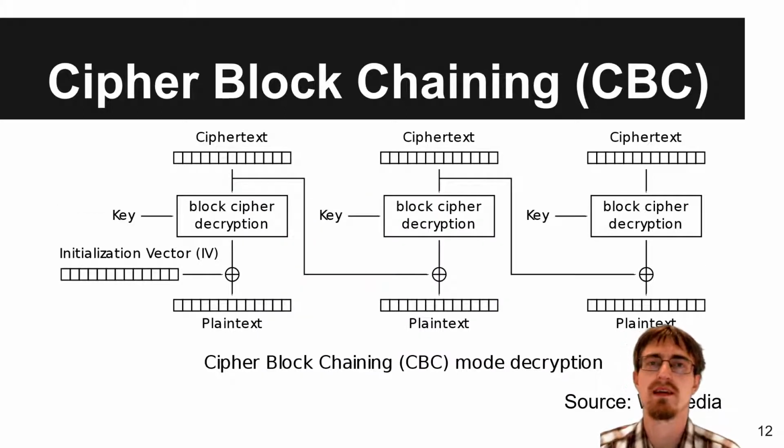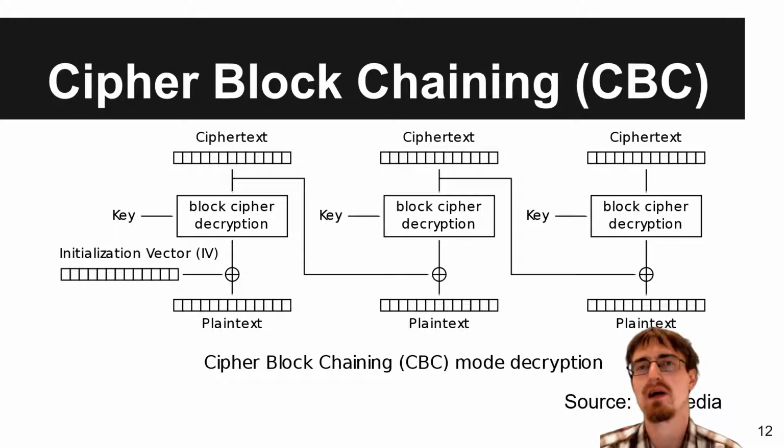To decrypt data using cipher block chaining, we do the opposite. We start with the ciphertext. We immediately apply the decryption function, and only then do we XOR the result with the previous block or the initialization vector. Now the nice thing here is that we know the previous block or initialization vector in advance. It does not depend on the decryption function.